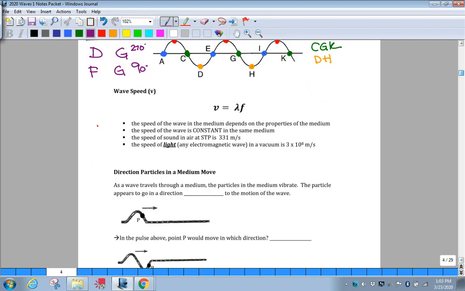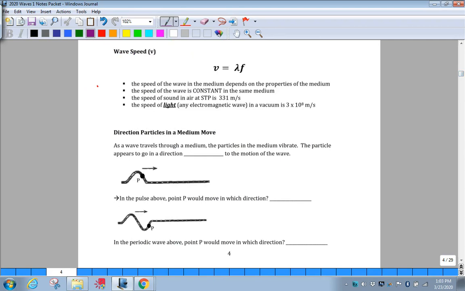The next part is calculating wave speed. Okay? This is a very important part of our unit. Wave speed is simply calculated by multiplying lambda, which is the wavelength measured in meters, times the frequency.